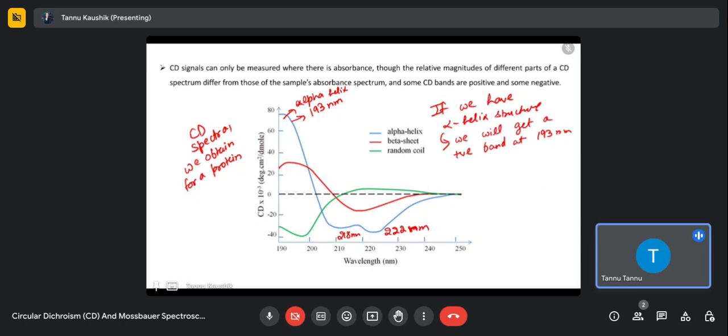And for the beta sheets, we will get a positive band with reduced intensity at 195 nanometer and a broad negative band at 218 nanometer.